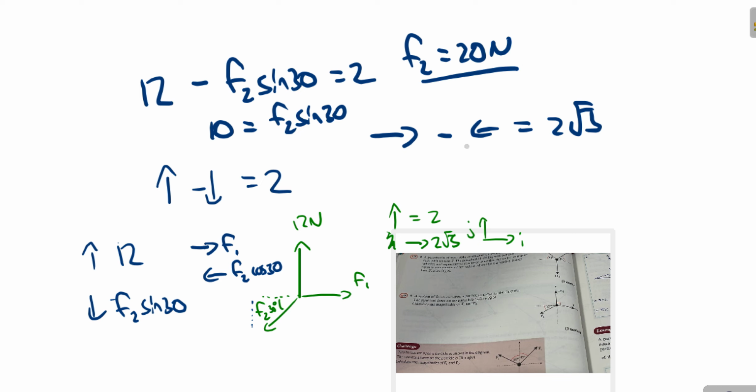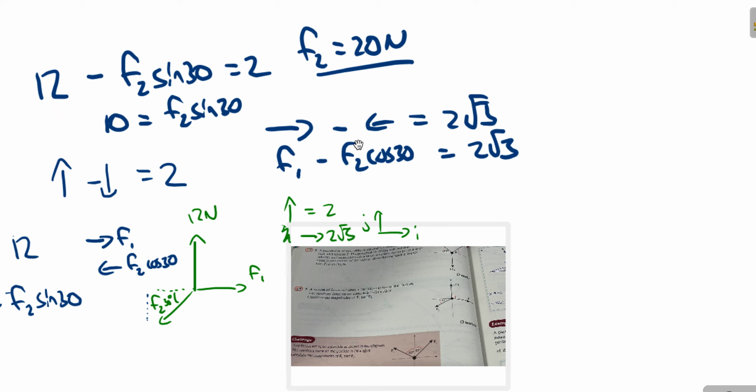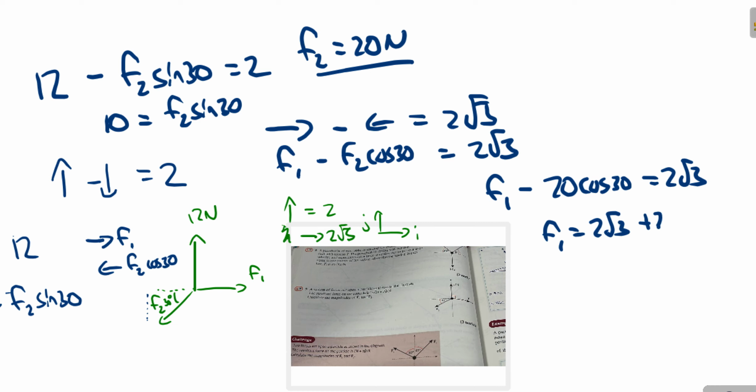For the second equation, we've got F1 minus F2 cos 30 is equal to 2 root 3. We already know that F2 is 20, as we've just found, so it's F1 minus 20 cos 30 is equal to 2 root 3. So F1 is equal to 2 root 3 plus 20 cos 30, which gives an answer of 12 root 3.